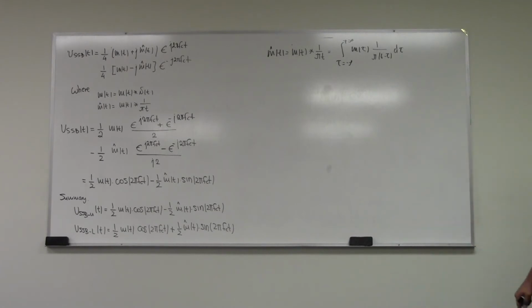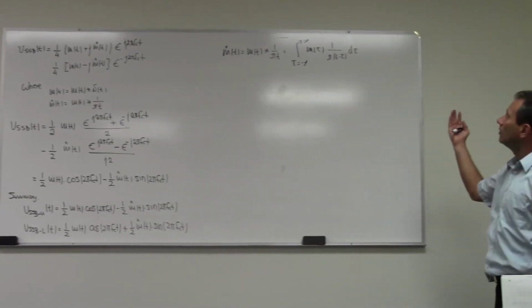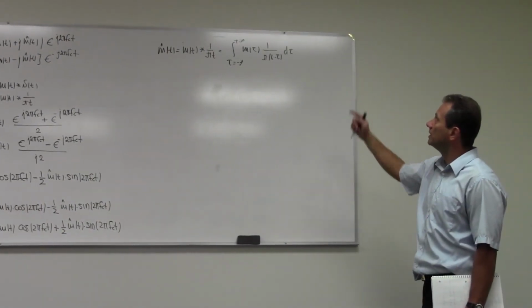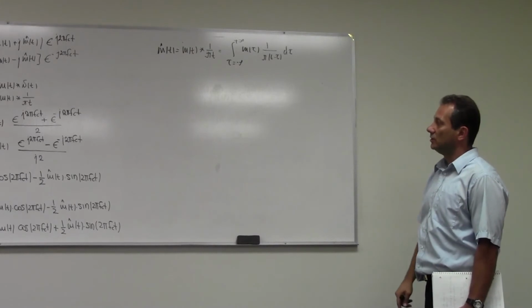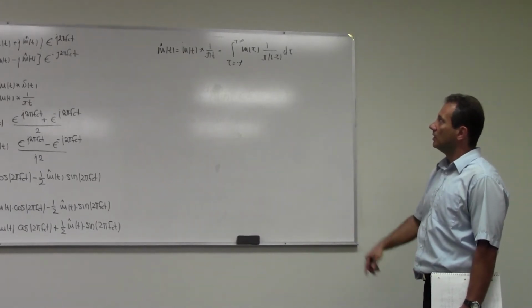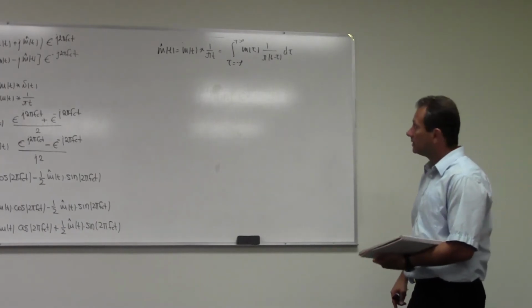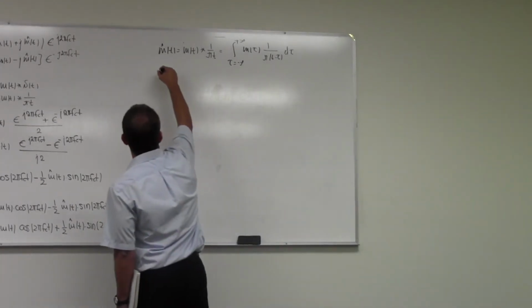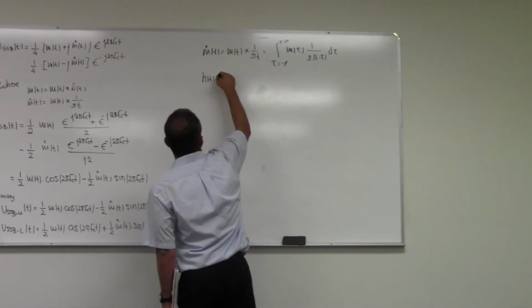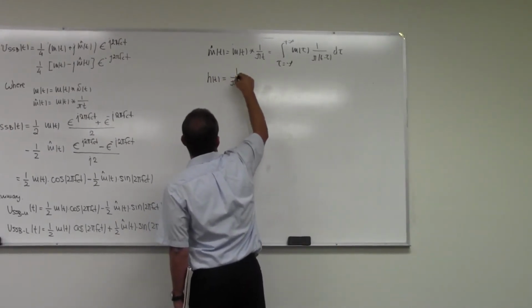This is actually one of those linear transforms. So far all we know is that there is some filter that has this impulse response, which I need to pass my signal through before I obtain m hat of t. Now the impulse response of the filter h of t will be 1 over pi t.